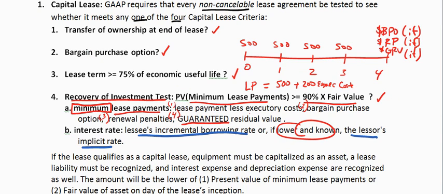So I keep referring to this present value of minimum lease payments as the amount capitalized, and that's what it's going to be. So even though this number 4 criterion is a pain in the neck, if you calculate this present value of minimum lease payments, you have the amount that's going to be capitalized. So to that extent, at least it's a twofer. If you get that number, you're going to use it again.